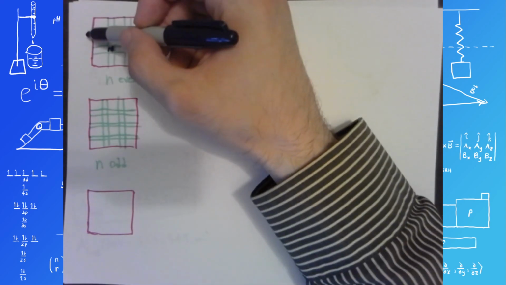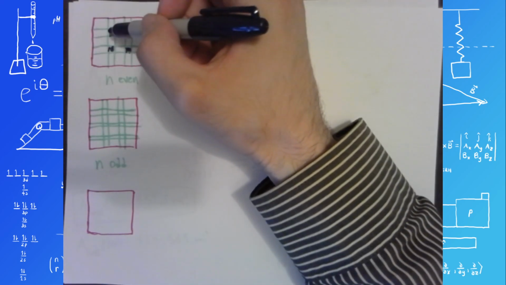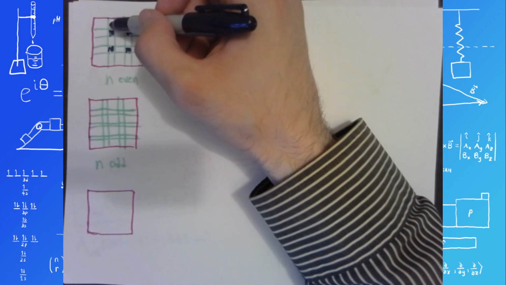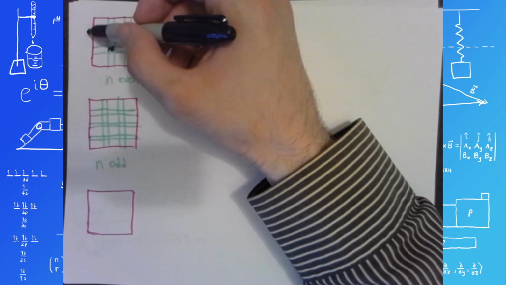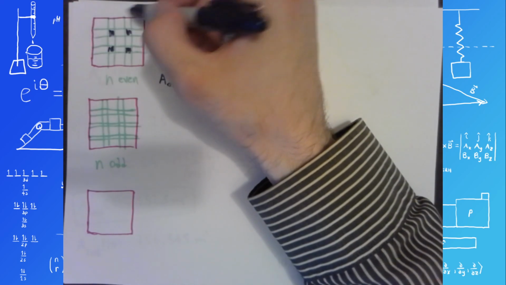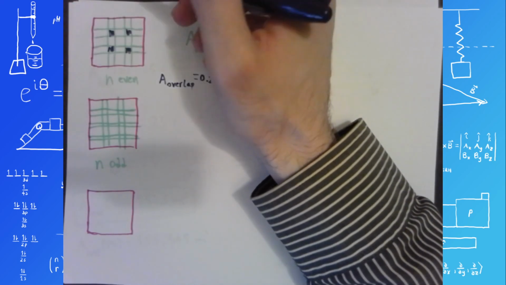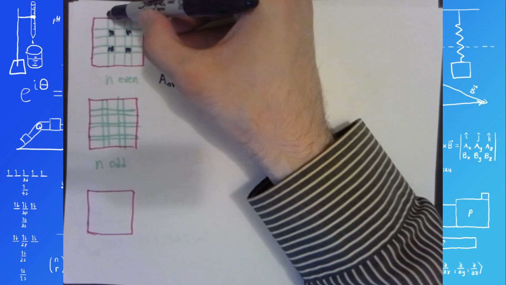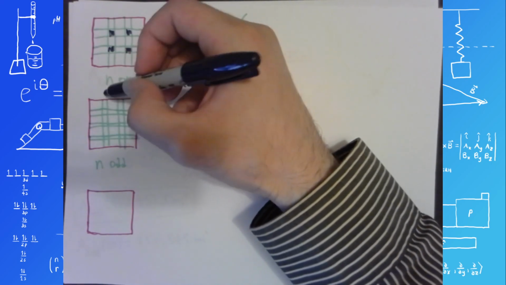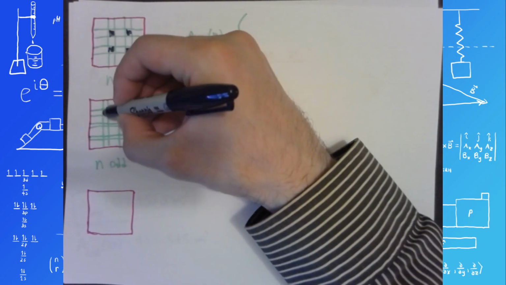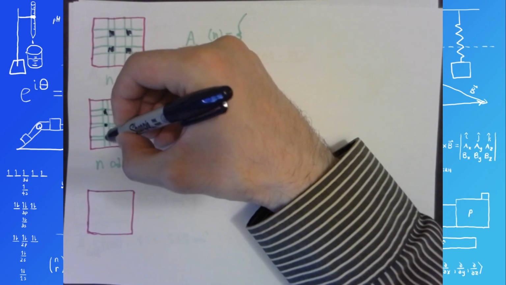Well, for the number of overlaps, if you count your verticals versus your horizontals separately, I see that when I have 2 verticals and 2 horizontals, I get 4 overlaps. I see when I have 3 horizontals and 2 verticals, I've got 6 overlap regions.